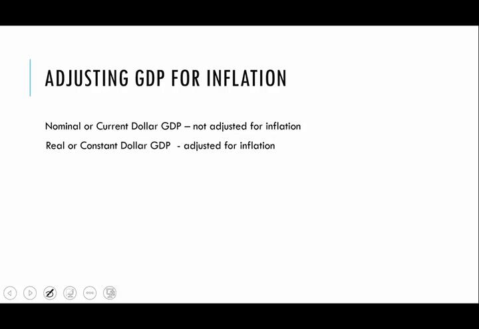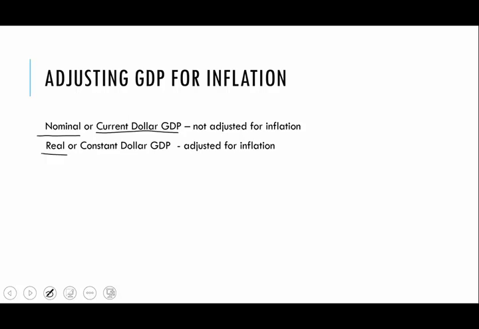So we have a formula, but first I want to introduce the term, I mentioned it once before in passing, current dollar GDP. It means the same thing as nominal GDP, and it means not adjusted for inflation. So what it is being sold for currently. The term current dollar makes a lot of intuitive sense.